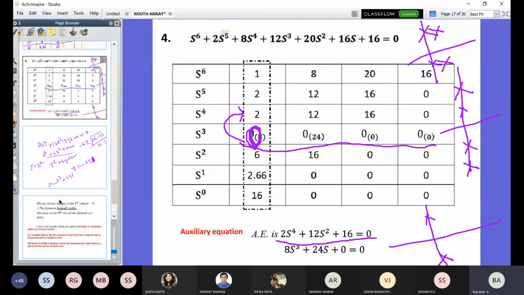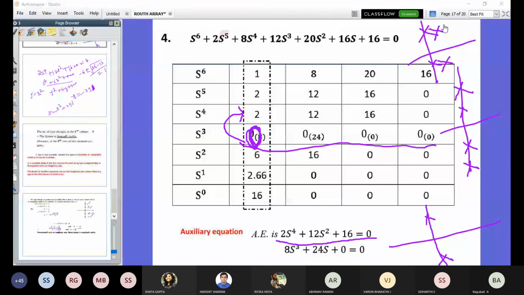Any doubt in this problem? Arshit, your voice is breaking. Hello?